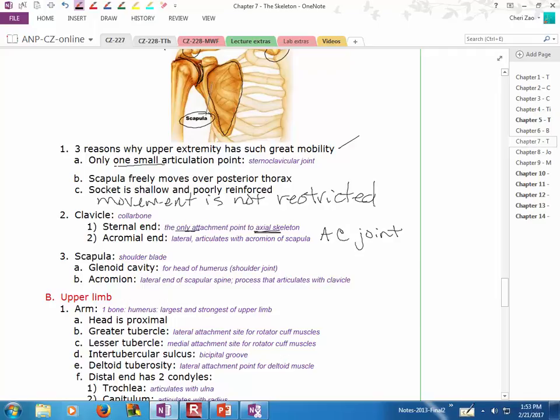The scapula is also referred to as the shoulder blade. It indeed has a very shallow glenoid cavity for the head of the humerus, often referred to as the shoulder joint there. And the acromion is indeed the lateral end of the scapular spine. So it's far off to the lateral side, where it articulates with the clavicle and contributes its aspect to our AC joint.